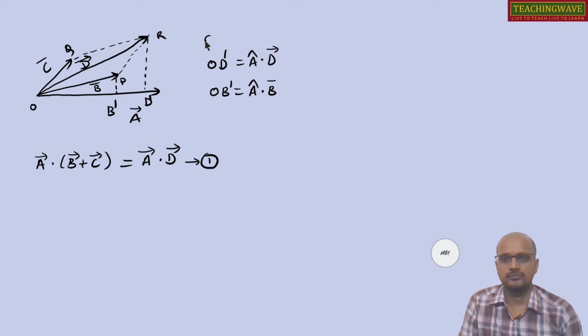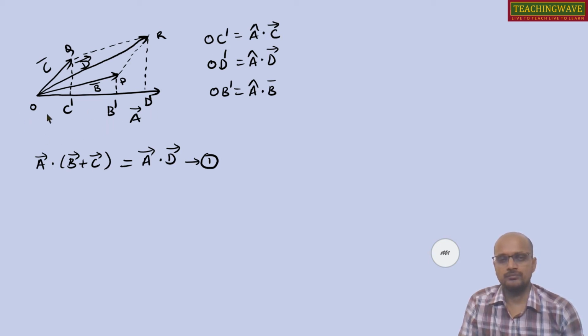Similarly, OC prime, the projection of c bar on a bar, is equivalent to a cap dot c bar.